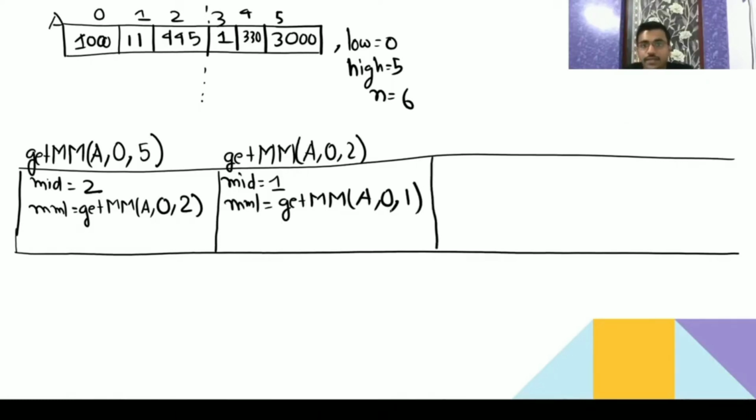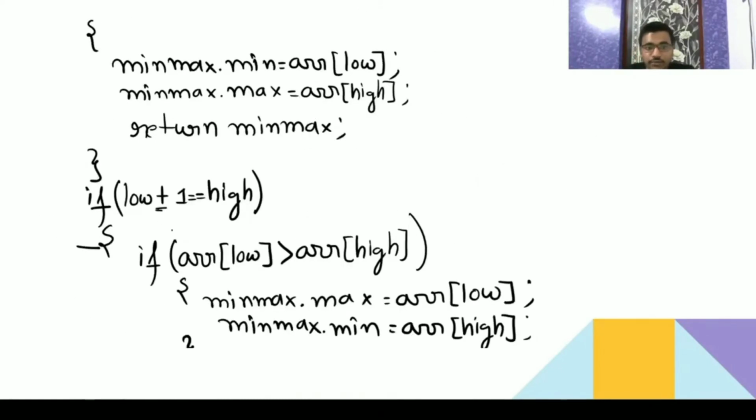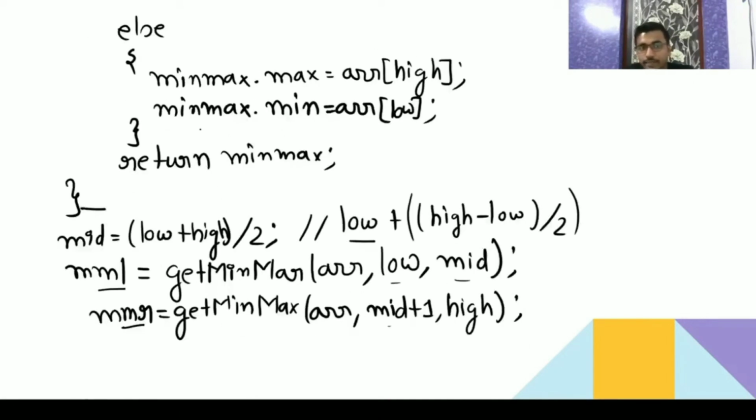Now see, when we call getMinMax on a, 0, 1, if you add low plus 1, you get high. 0 plus 1 is 1, which means it has two elements. So if low plus 1 is equal to high, then we just compare these two elements and find the min and max of this array.